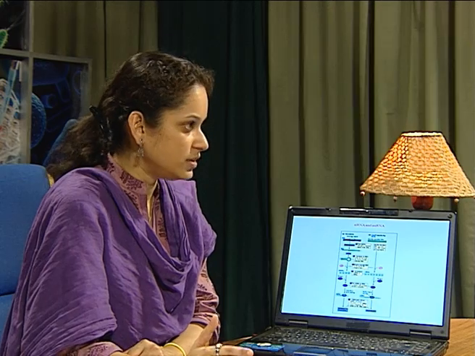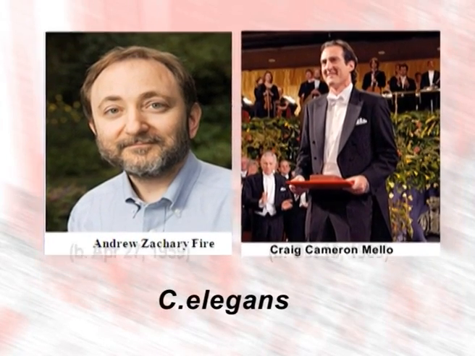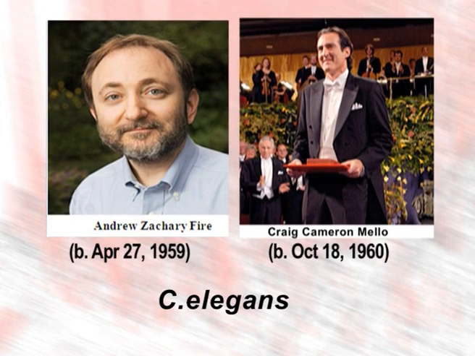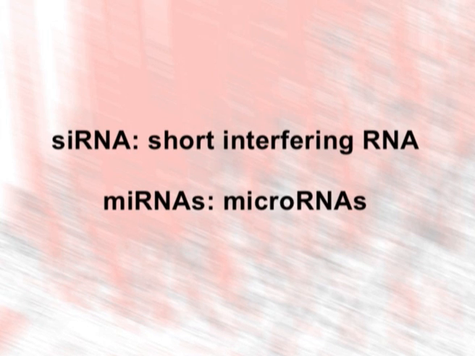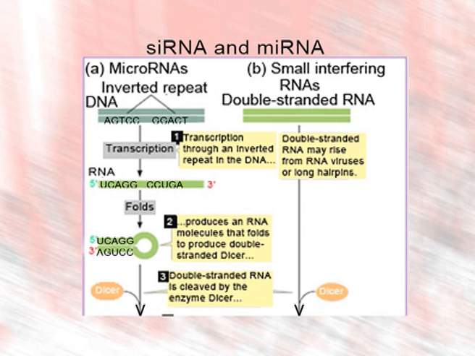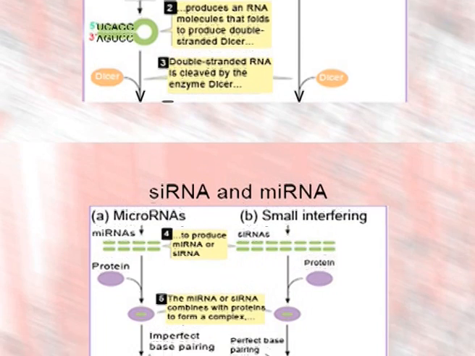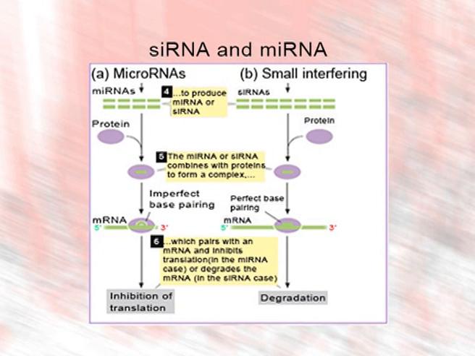They have been recently discovered by Andrew Fire and Craig Mello while they were working with the nematode C. elegans. siRNA stands for short interfering RNA and miRNA stands for microRNA. Both of these are short RNAs, 22 nucleotides long, and they play an important role in regulating gene expression.